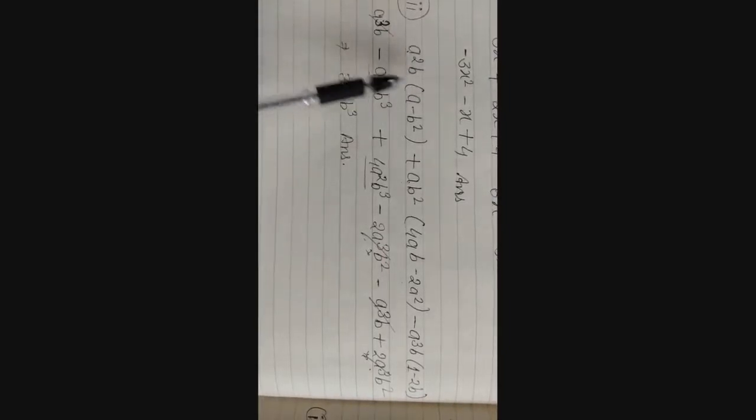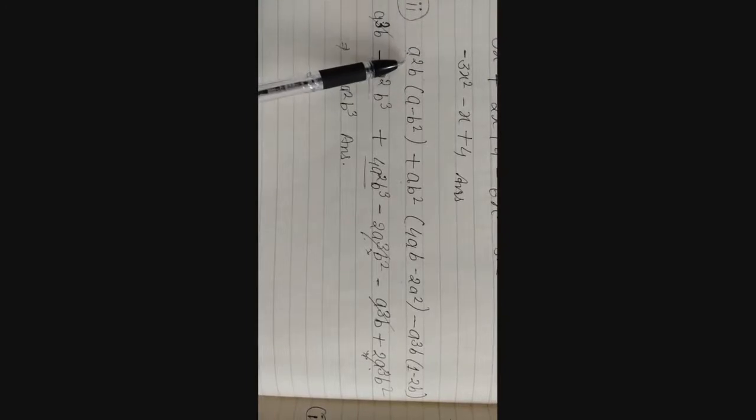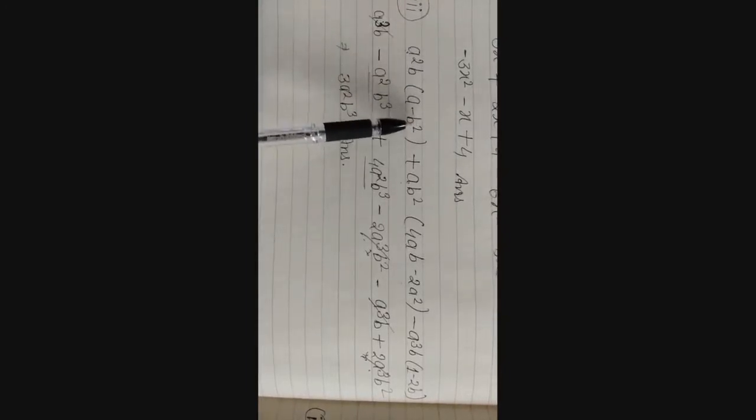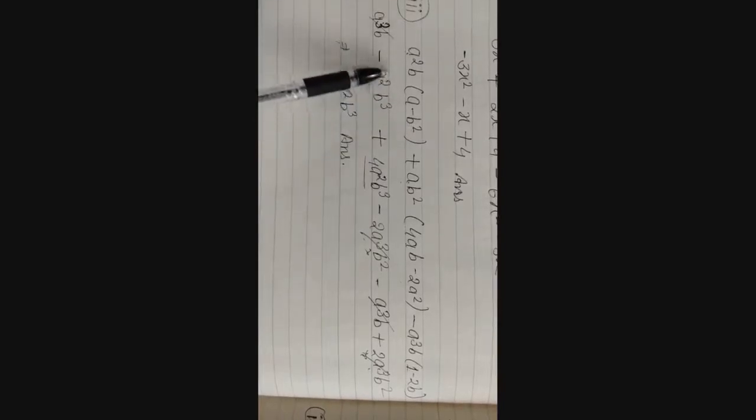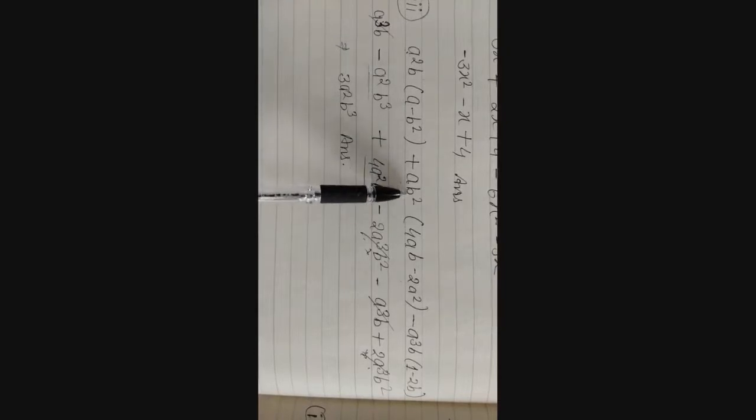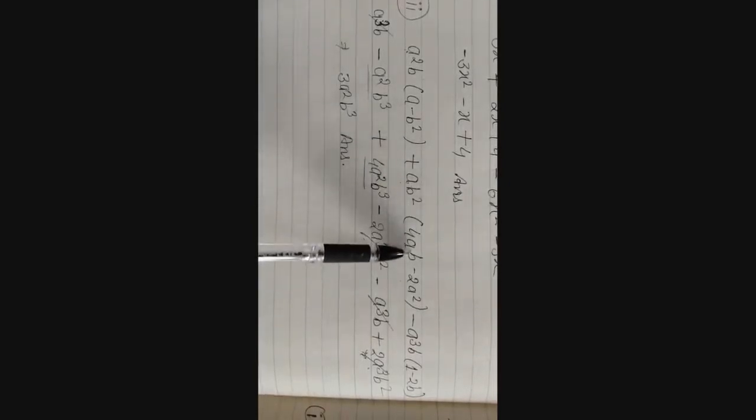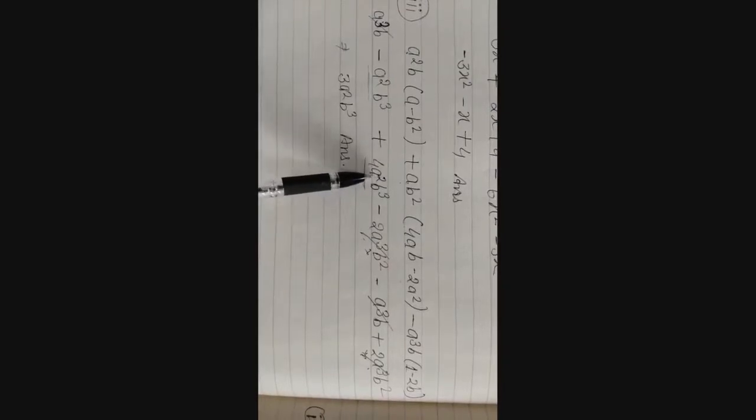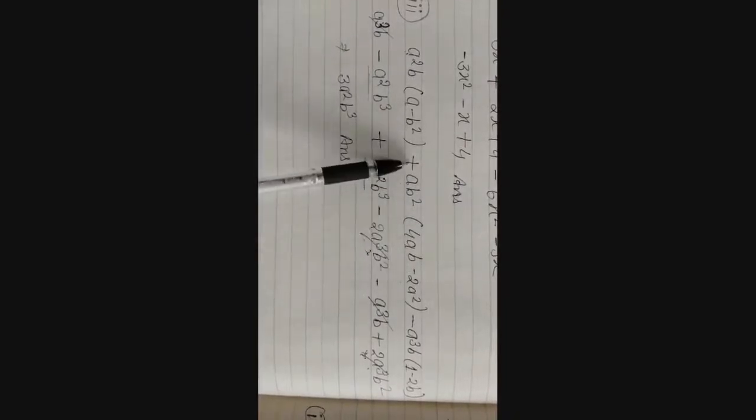Now plus and minus gives minus. a² is a², b to the power 1 and b to the power 2 will become b to the power 3. So this is minus a²b³. Now ab² will multiply with 4ab. So this is 4, a and a² will become a³, b² and b will become b to the power 3. So this is plus 4a²b³, plus and minus gives minus.